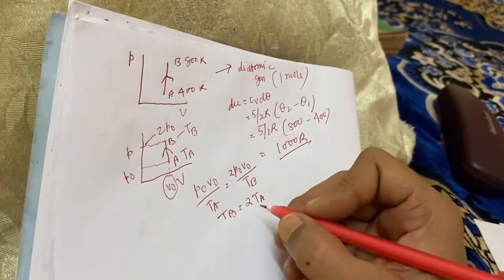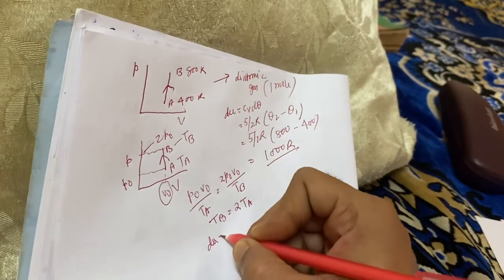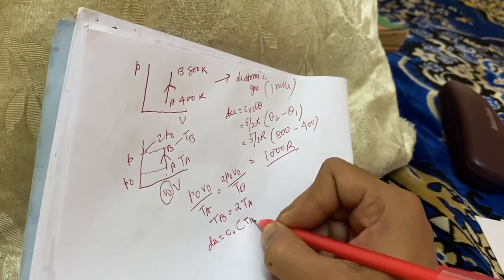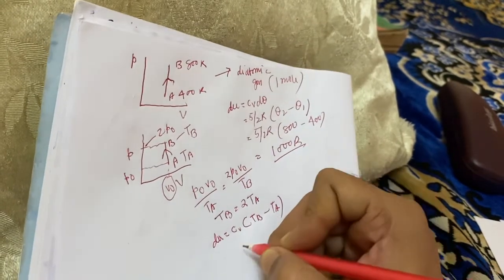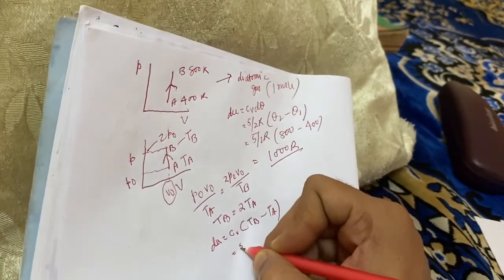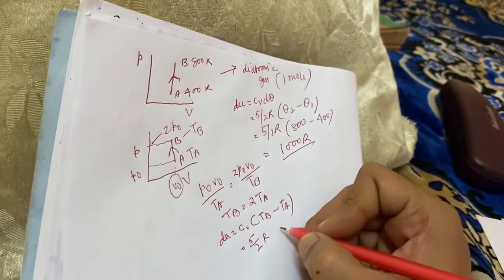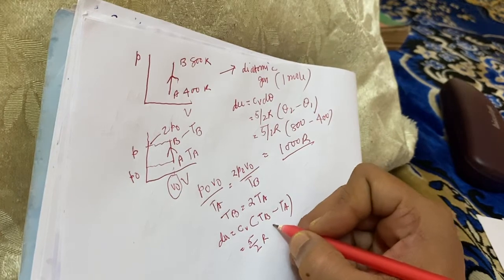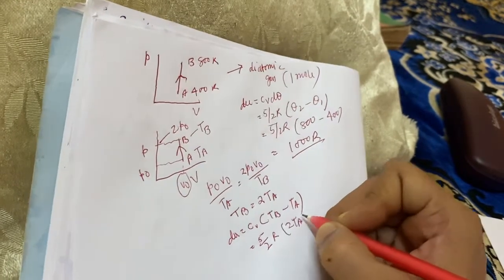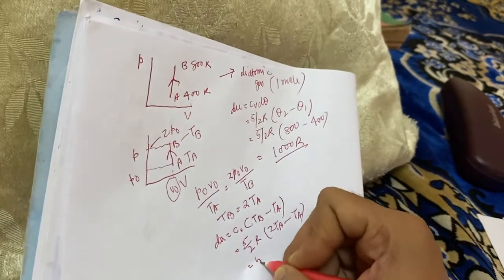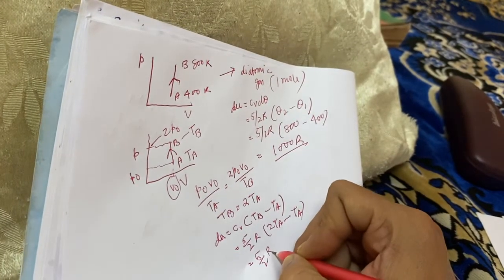So, du is equal to Cv times Tb minus Ta, and it is for a diatomic gas. So, 5 by 2R times Tb minus Ta, that means twice Ta minus Ta, that means 5 by 2R Ta.